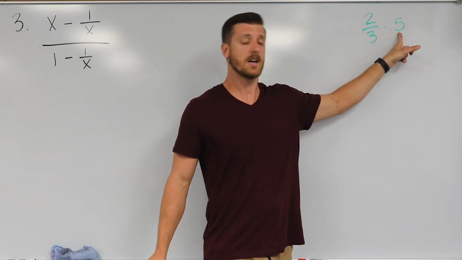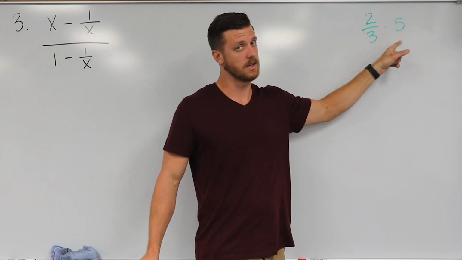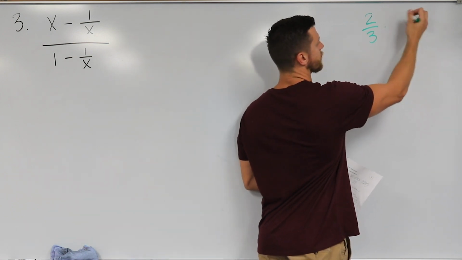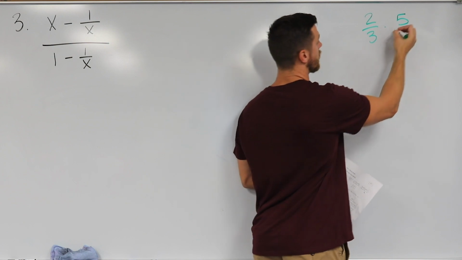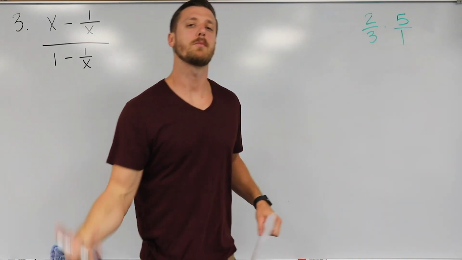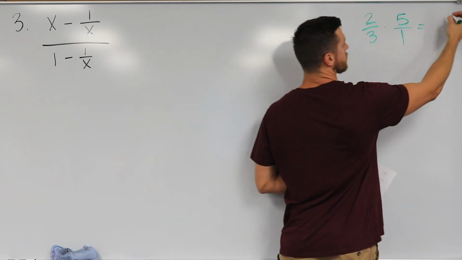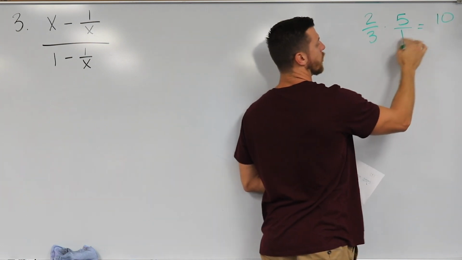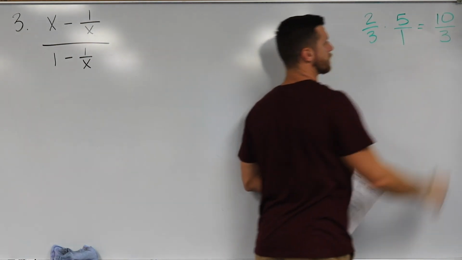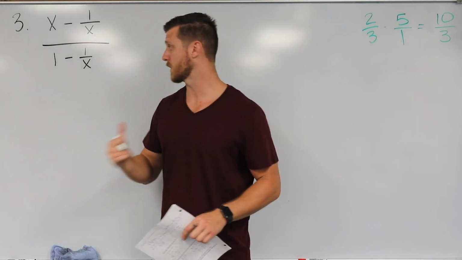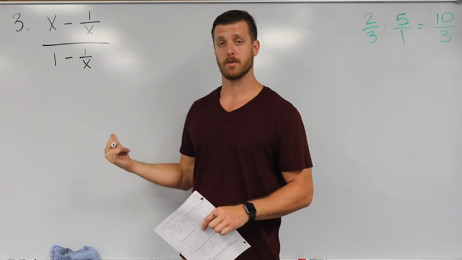Well, 5 is not a fraction written like that. How do you make it a fraction? It's 5 over 1. And now how do you multiply them? 2 times 5 is 10. 3 times 1 is 3. Remember that, because that's going to be a big deal here when we talk about simplifying number 3.